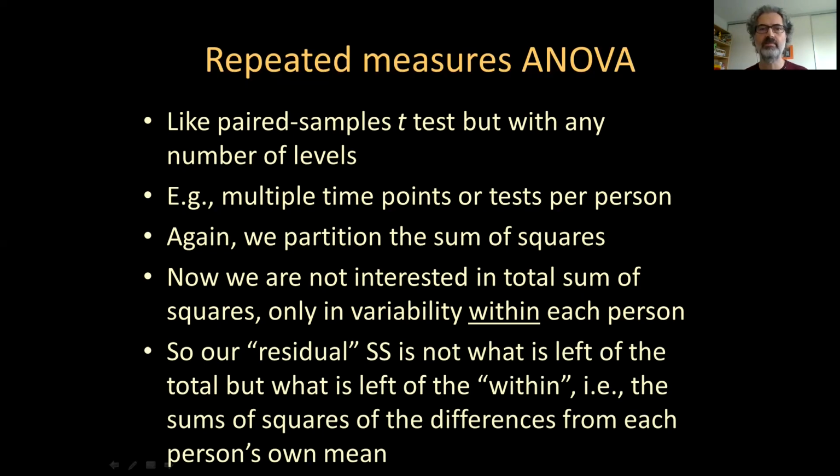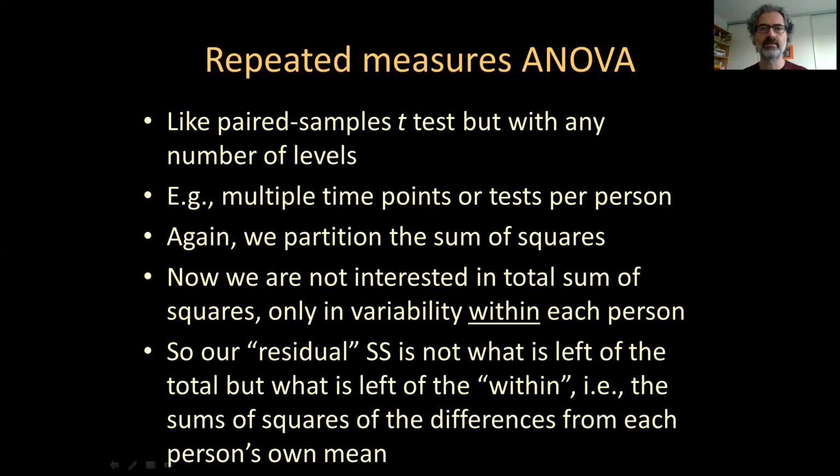So each person's data points are used to calculate the deviation from each person's own mean performance across time points or across tests. And that forms the within sum of squares that we partition to that part that is accounted for by the factor and that part that is left over as a residual.